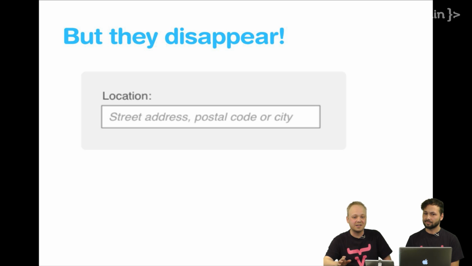We have a location field into which you can type either a street address or just a postal code or even just the name of a city. So this information is additional to the caption. You could put it in as an input prompt, but you have to be aware that it does disappear. The user won't see it once you have typed something into the field.